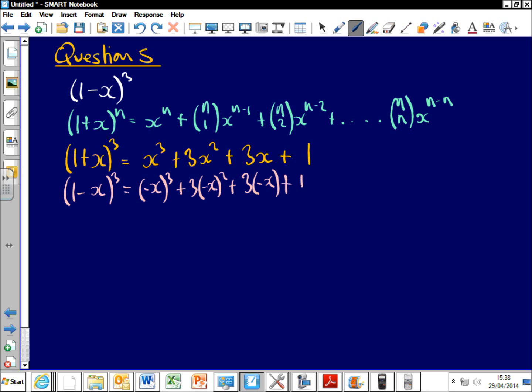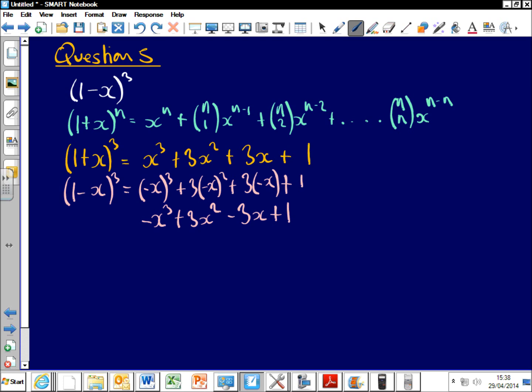So minus x cubed goes back to minus x cubed, and minus x squared makes it plus, and then we've got minus 3x and then plus 1. So that's the expansion there. That's what you should get. Who managed to do that? Everyone happy with that? Okay, cool.